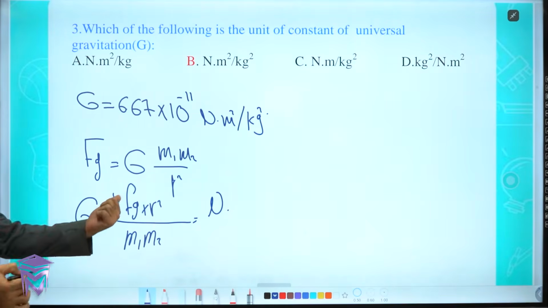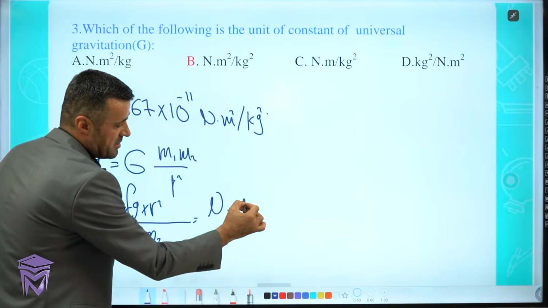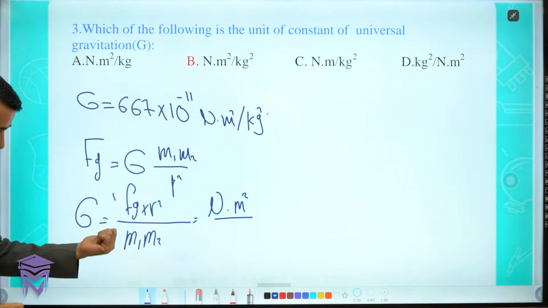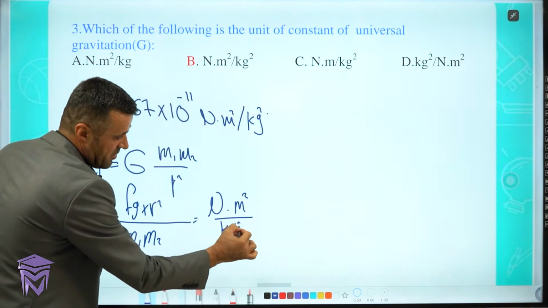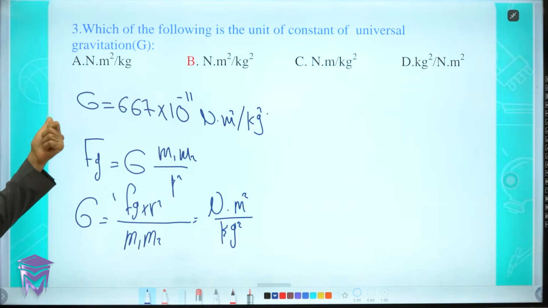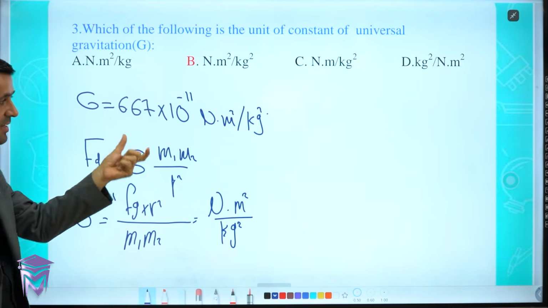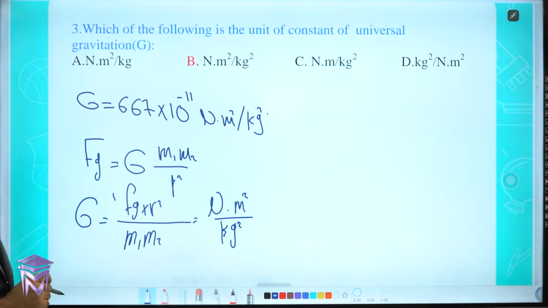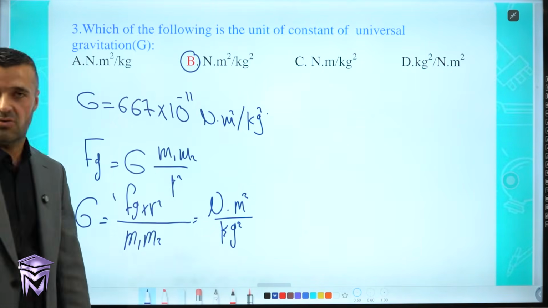The unit of distance is meter, but for R square we write meter square. The unit of mass is kilogram, but we have 2 masses, so we write kilogram square. The unit of the constant of universal gravitation is Newton meter square per kilogram square. We can choose selection B. Thank you.